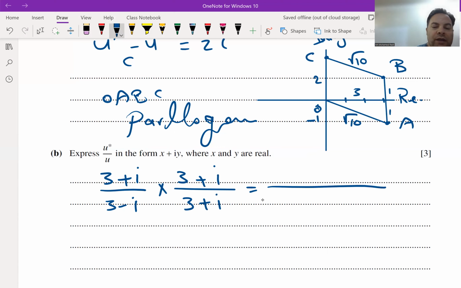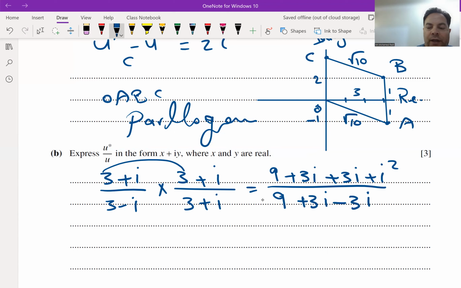Expand, simplify, 3 by 3, 9. Then 3i, then 3i, then i squared, divided by 3 squared plus 1 squared. Or you can expand step by step. It's 9 plus 3i plus 3i, then plus i squared.